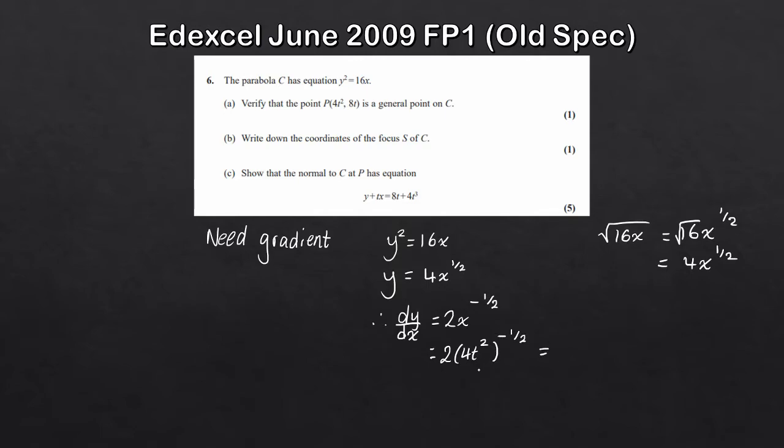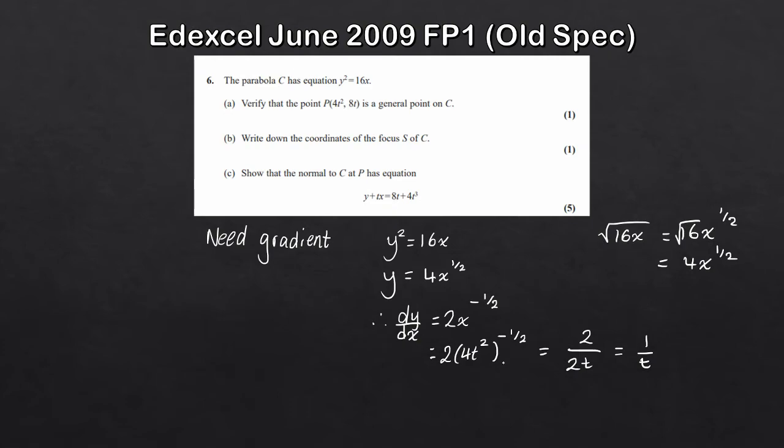Well, if you simplify this, this is just the same as 2 over the square root of this expression here, which if you simplify, you'll get 2 over 2t. If you simplify this one step further, we get 1 over t. Okay? But just be careful here. So this is the gradient at the point P, using x equals 4t squared.